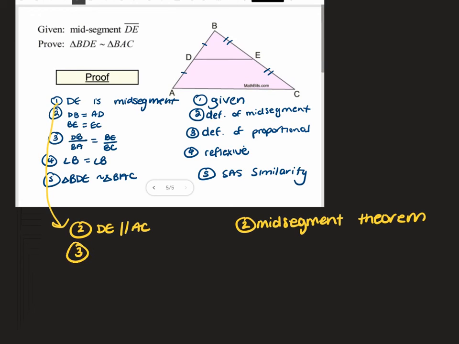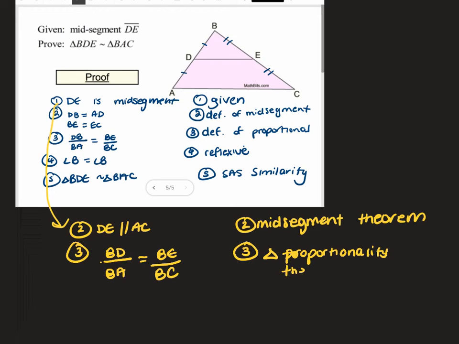So then you can say BD over DA, or actually BD over BA equals BE over BC, and that's the triangle proportionality theorem. And then you can say the angles are congruent, and then side angle side similarity.